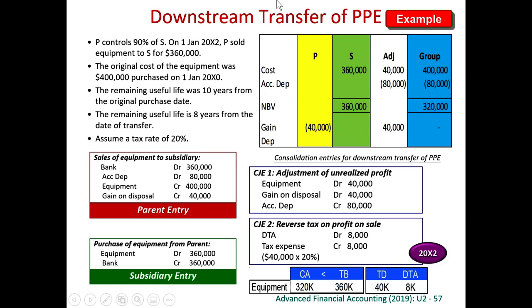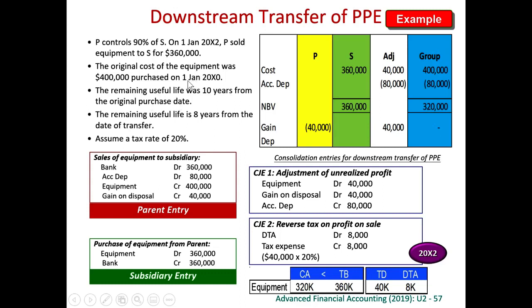Take this as an example. P controls 90% of the subsidiary, and on 1st of January 2002, P sold equipment to S for $360,000. The original cost of the equipment was $400,000 when we purchased it on 1st of January 2000. The remaining useful life was 10 years from the original purchase day.